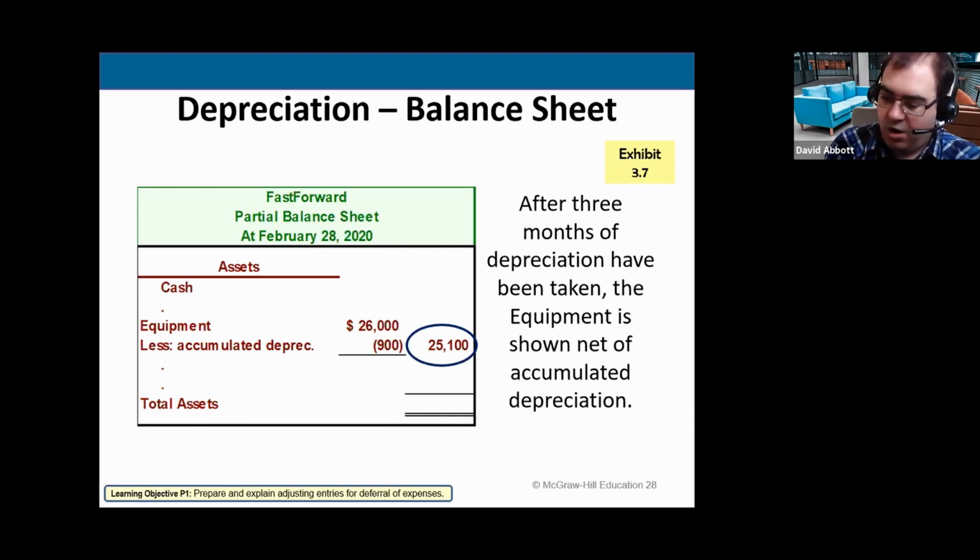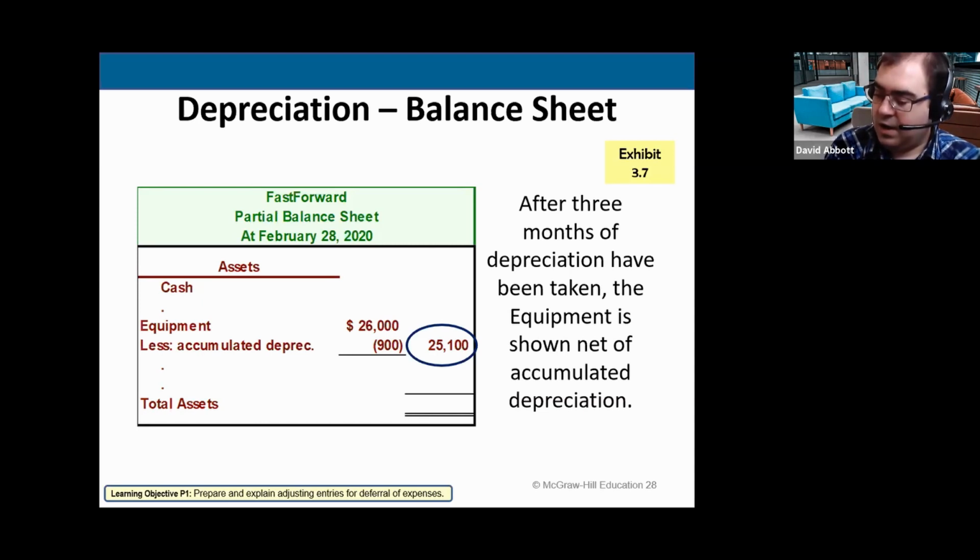In the partial balance sheet that you see here on this slide, 3 months of accumulated depreciation have been taken on the equipment for a total of 3 times 300 or $900. The equipment account is being reported at $25,100, which is the cost that has not yet been depreciated.